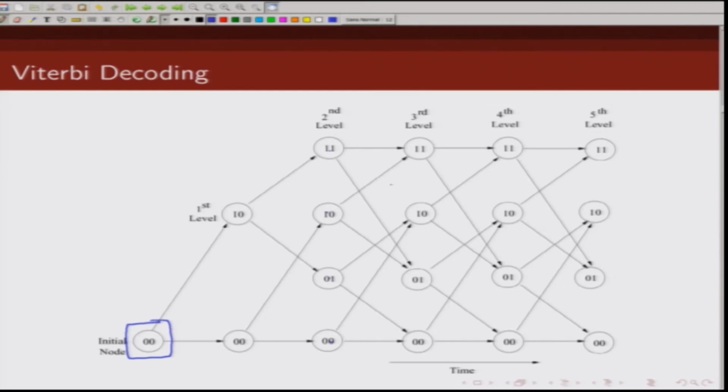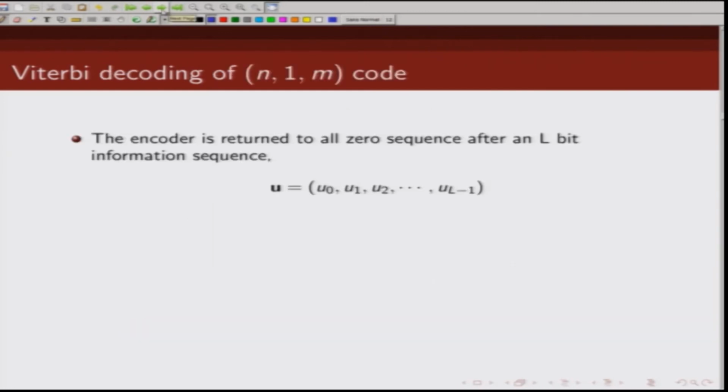On the x axis is my time, and I am denoting the time steps by levels: first level, second level, third level, fourth level, which is just how the time is progressing. Now usually after we encode the information sequence, we terminate the convolutional code. What do we mean by terminating the convolutional code?